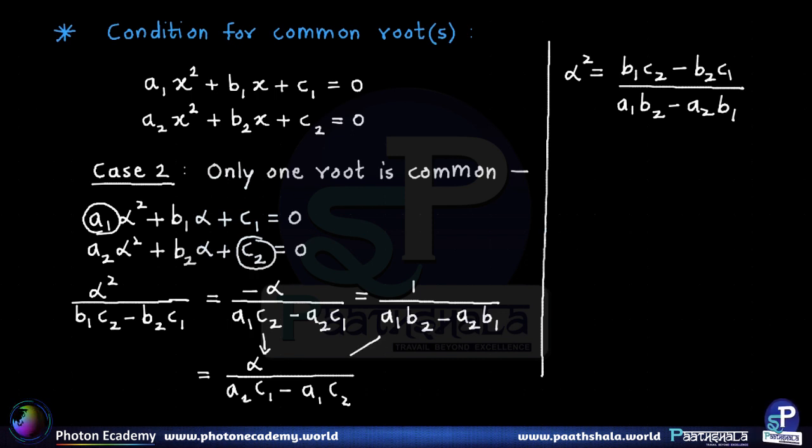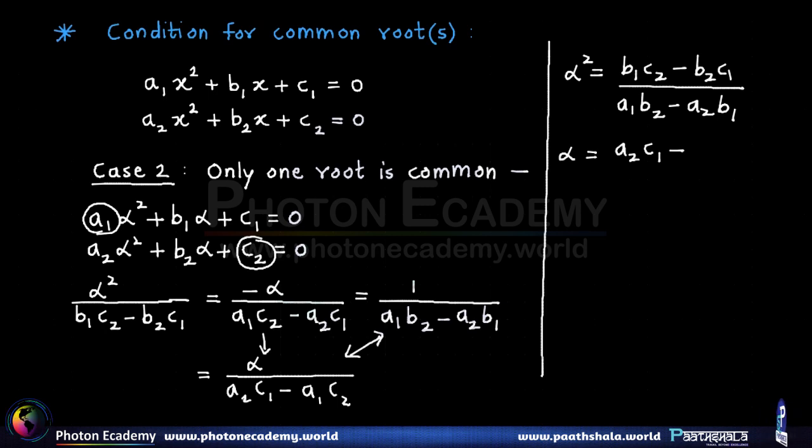Similarly, if we equate these two particular equations, we will have alpha equal to a2 c1 minus a1 c2 whole divided by a1 b2 minus a2 b1.